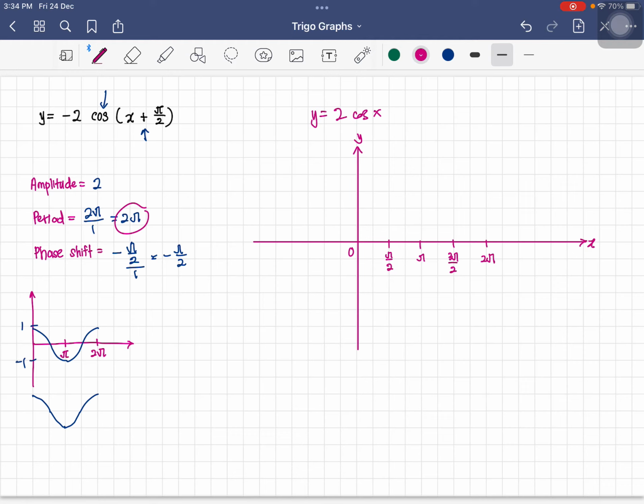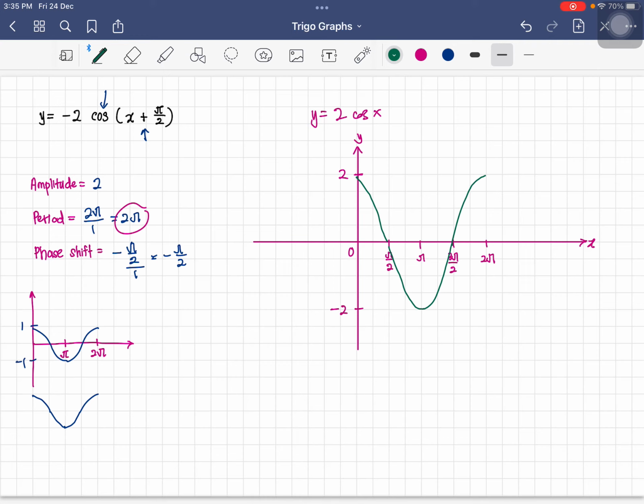My cos amplitude is actually positive 2, let me have it here, and my negative 2 is here, let's say. Now I have this graph. This is my one complete cycle within 2 pi.